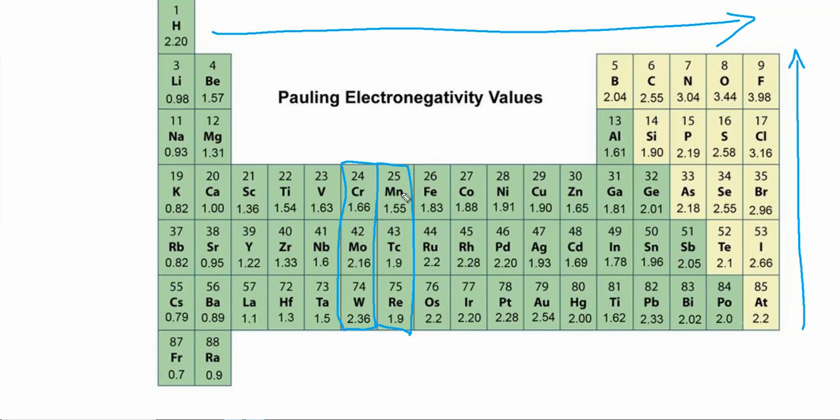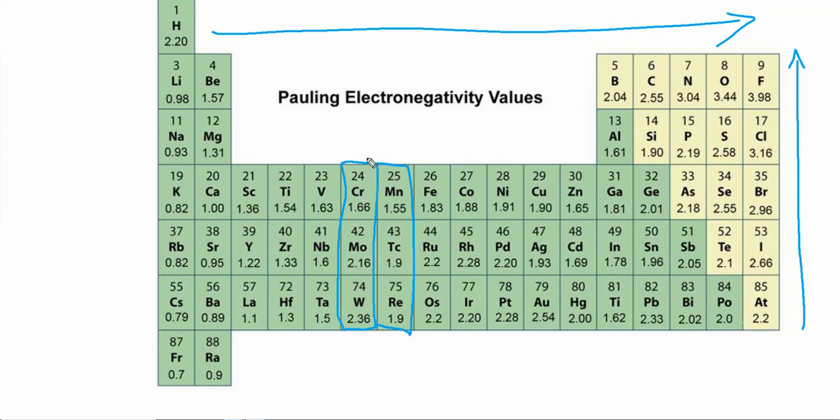So, this is due to the fact that atoms are stable when their orbitals are half-filled or fully filled. In this case, manganese has a half-filled d orbital. Therefore, it does not want to gain an electron and its electronegativity value is low.